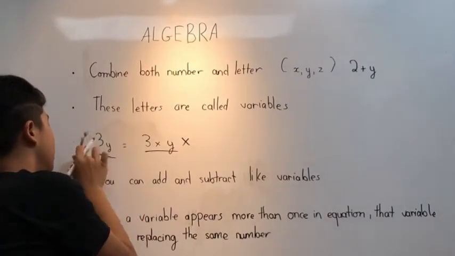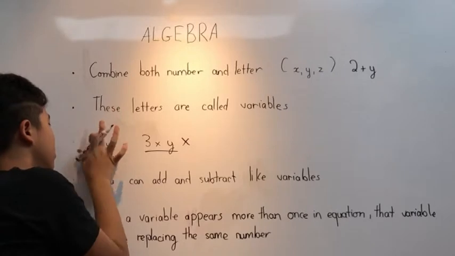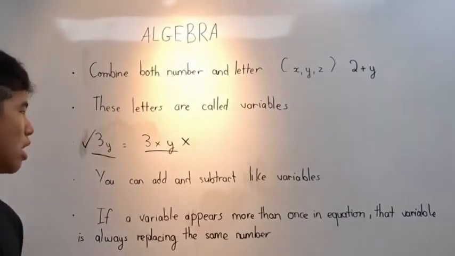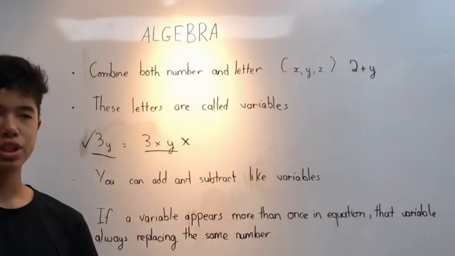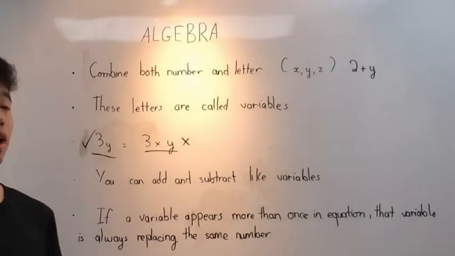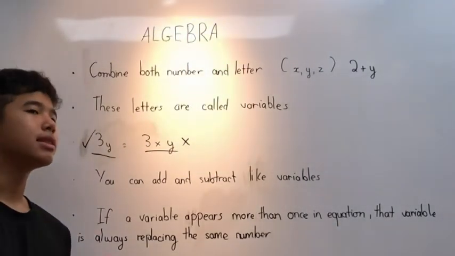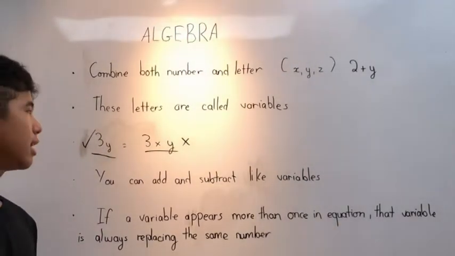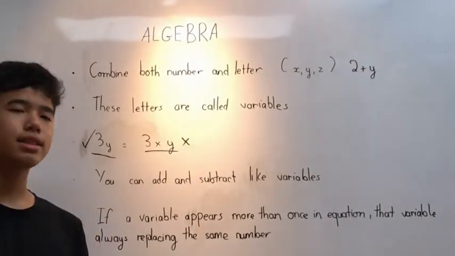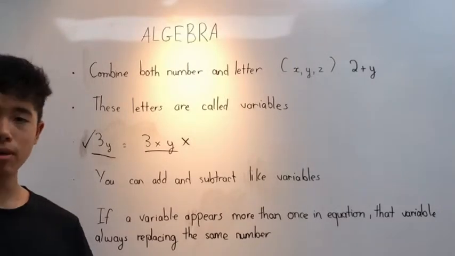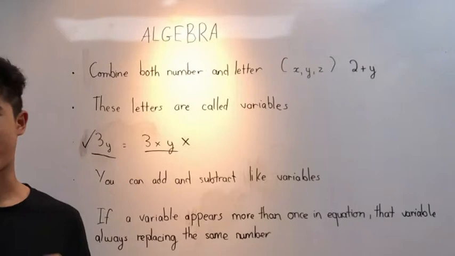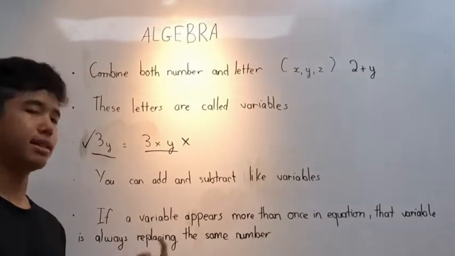In an algebraic equation, there is no multiplication sign because it looks like an x and you will be misunderstanding. So they decided that if a number stands next to a letter, or a letter stands next to a number, that means the number is multiplied by the letter.